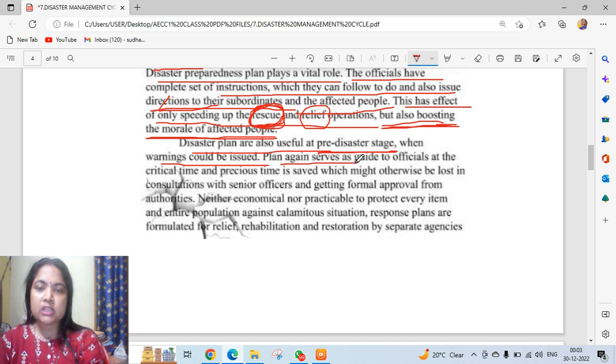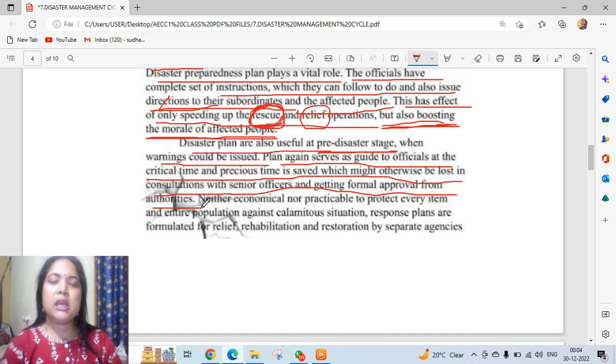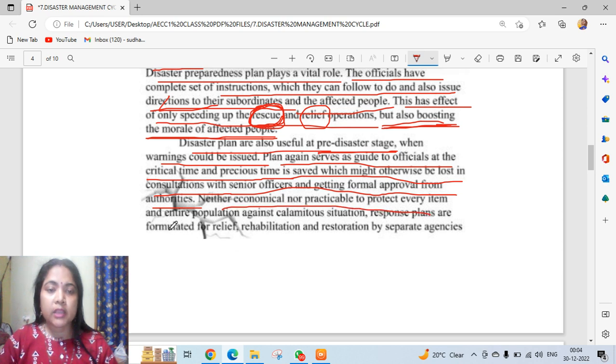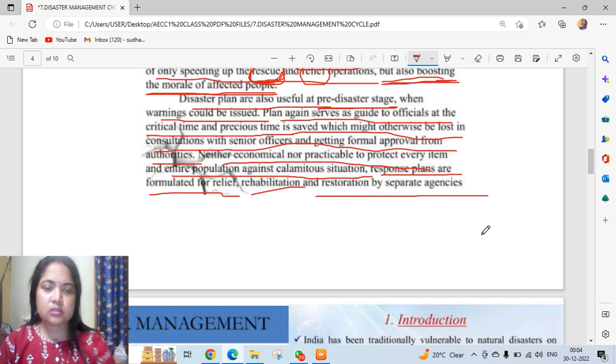The plan again serves as a guide to officials at the critical time, and precious time is saved which might otherwise be lost in consultations with senior officers and getting formal approval from authorities. It is neither economical nor practicable to protect every item and the entire population against calamitous situations. Then response plans are formulated for relief, rehabilitation and restoration by separate agencies. Are you getting it or not?